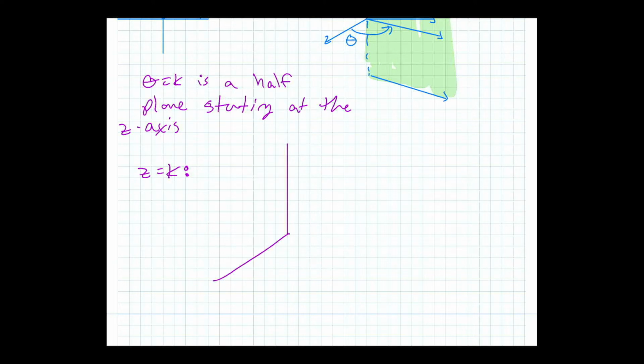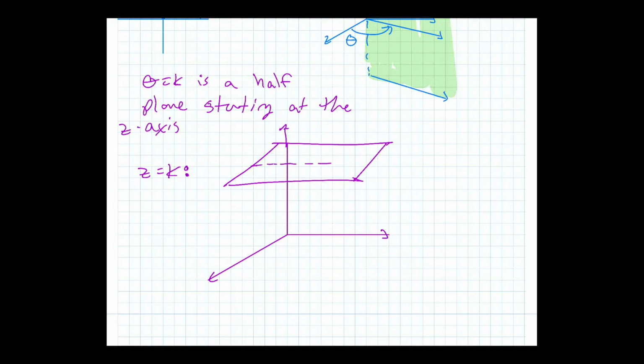So actually, z equals a constant is just the normal plane floating up in space. So it's a plane parallel to the xy plane.